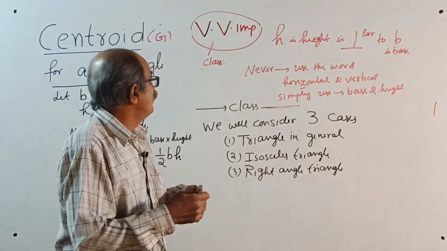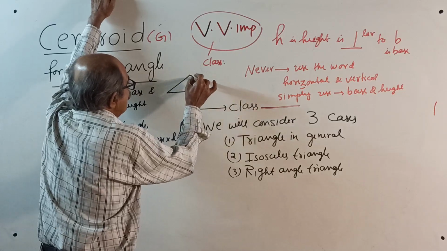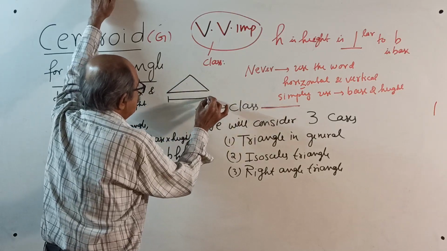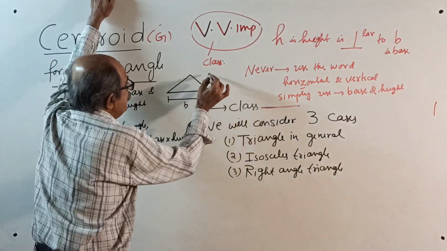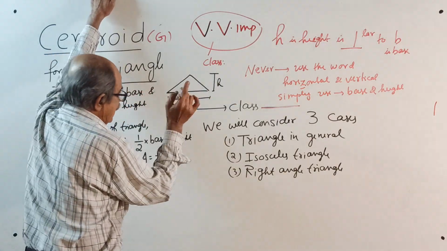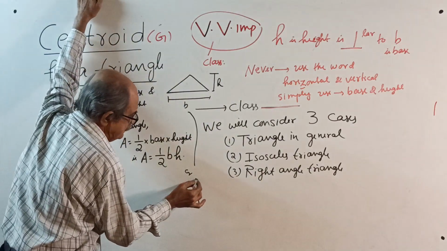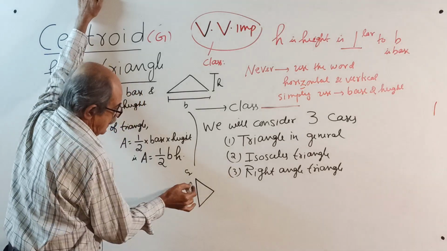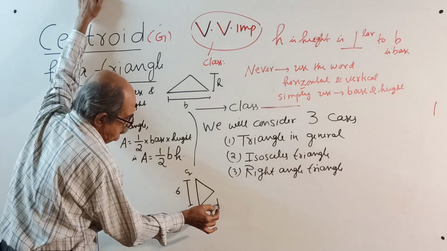So I will tell you now, see, suppose there is a triangle here. Make a note. If this is the base, horizontal, then the perpendicular to it will become the height. This is a general triangle. Or suppose you mark a triangle this way and call this the base B, then this will become the height.